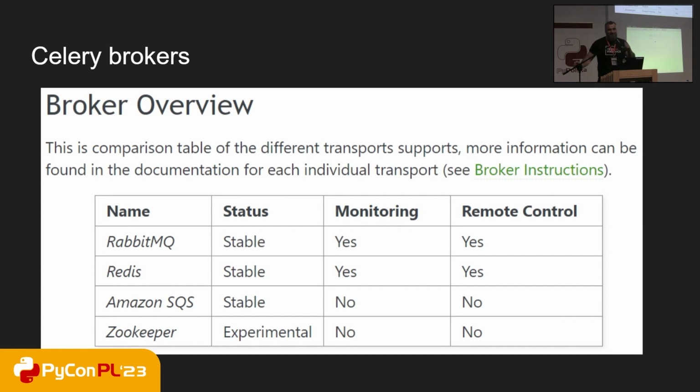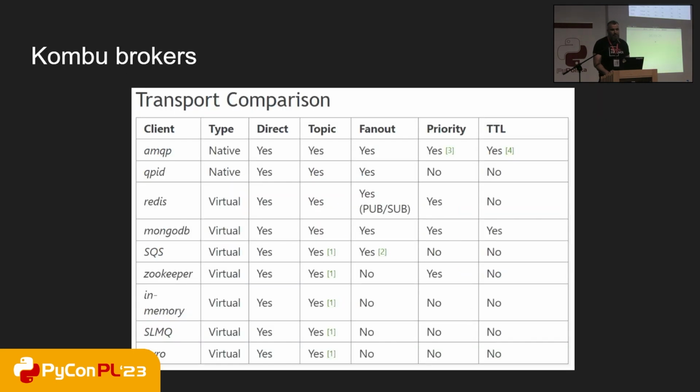Let's wait for a moment. Do not spoil it. But Celery itself doesn't support all those brokers. It instead uses a library that is also hosted on the same Celery GitHub, called Kombu, and it has a list of more brokers that it supports. There's even MongoDB and some kind of in-memory.